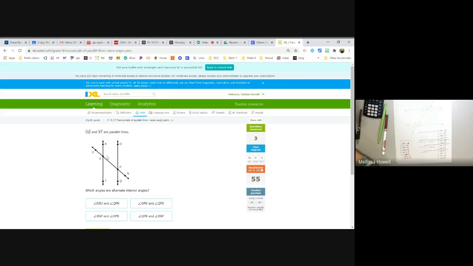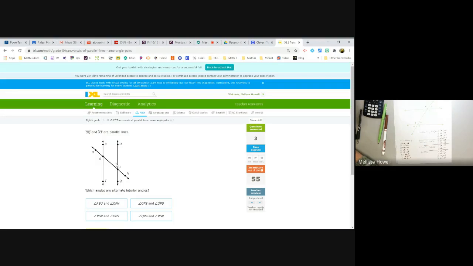Okay, let me go back through my choices. RSU definitely can't be it because it's not on the inside. RSP is right here, and OPS is right here. That doesn't work. OPS and QPS does not work.